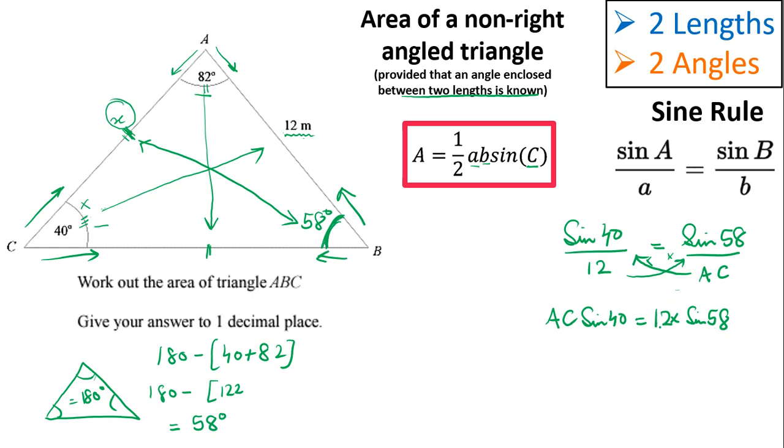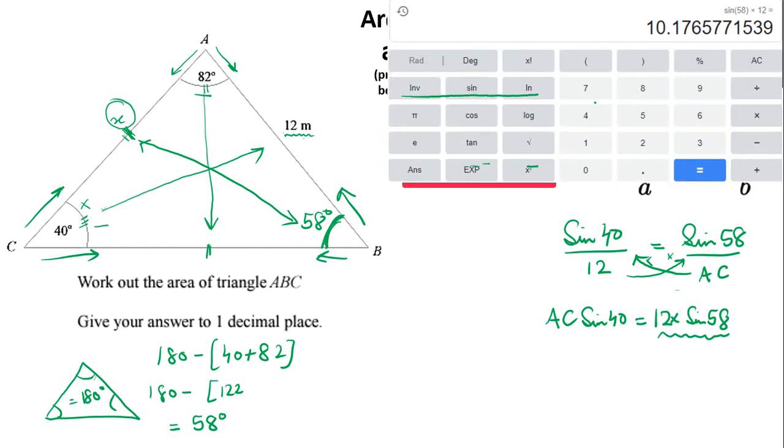So when I do this, first thing I'm going to be doing is 12 times sine 58. First of all, make sure that your calculator is set on degrees. Secondly, I'm going to be writing sine 58, close bracket, times 12, gives me something like this: 10.17657, and so on. So I could just round off to maybe 3 to 4 decimal places.